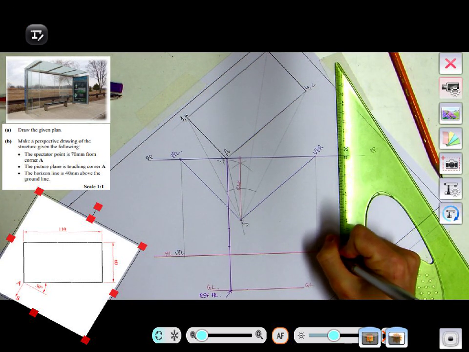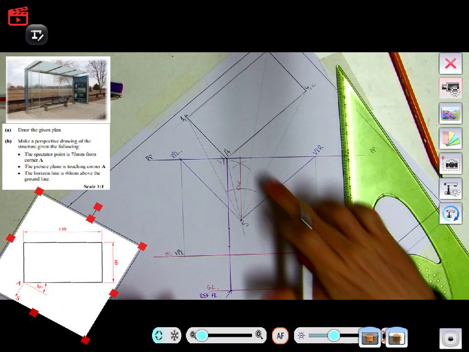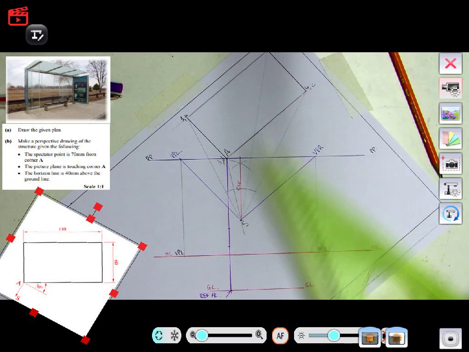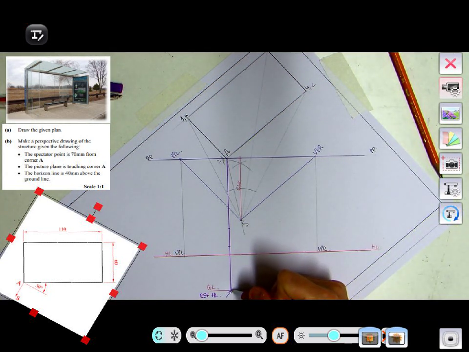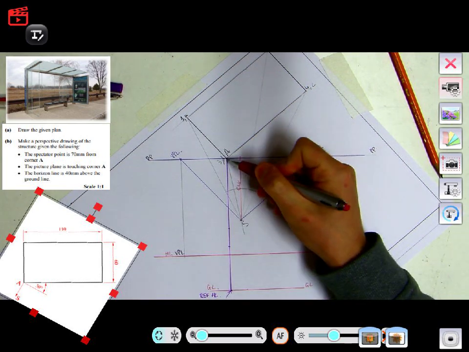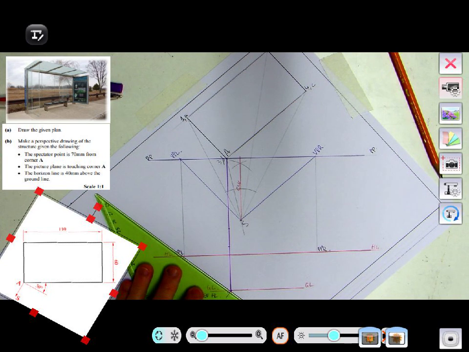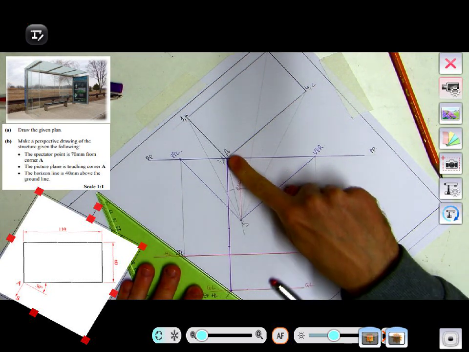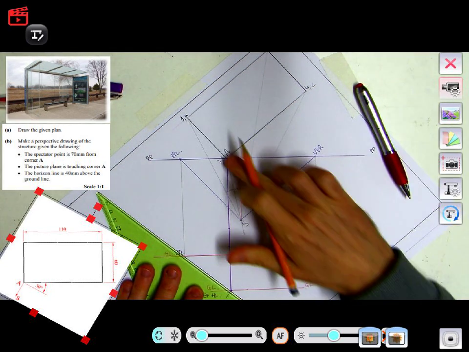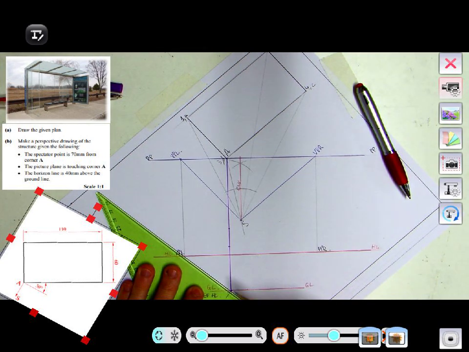Now as this object sits on the ground, this here is the ground line, this is the bottom of corner D, and this is point D on the ground. It's going to disappear along the ground in this direction, therefore associated with VPL, so we'll draw in the ground line there at VPL.